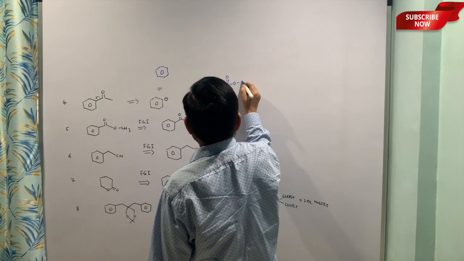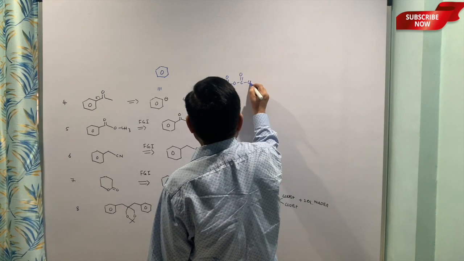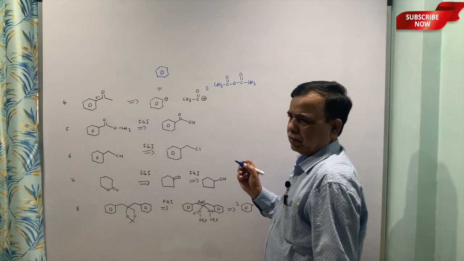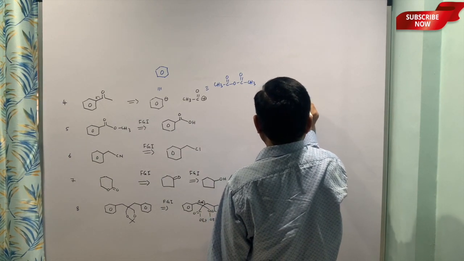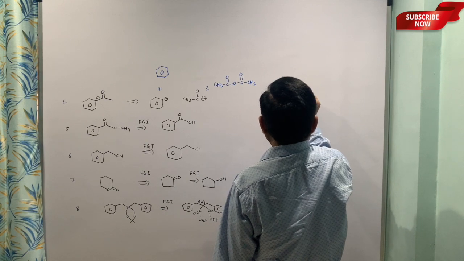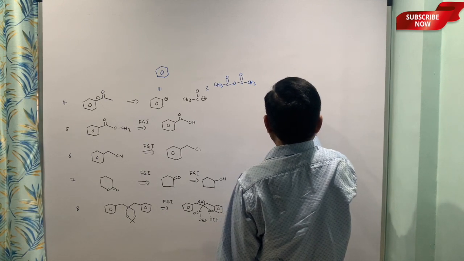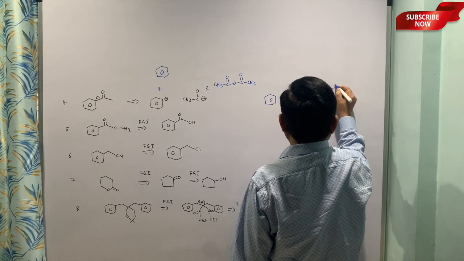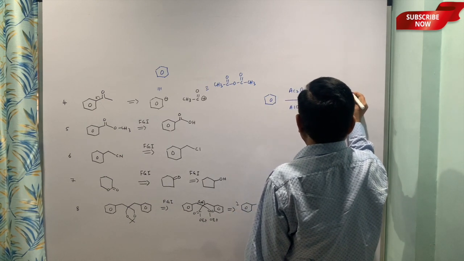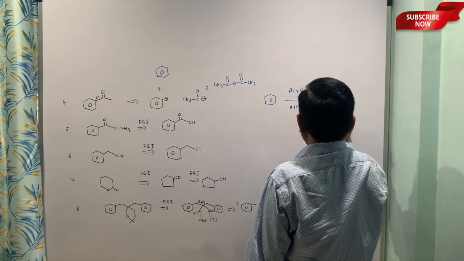So, this is going to be your classical Friedel-Crafts acylation reaction. So, the forward reaction is you treat this benzene with acetic anhydride in the presence of a Lewis acid, you get this. So, this is FC acylation.